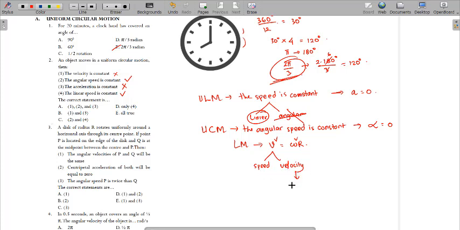Velocity is a value plus direction, okay? So everything that includes direction. But speed is only value, only the number. So linear speed is constant, yes, but linear velocity is not constant because it includes direction. Okay, so the answer is 2 and 4.